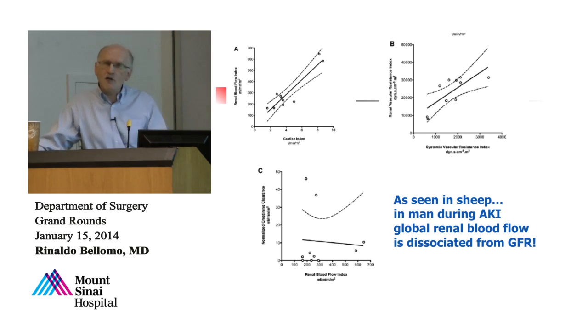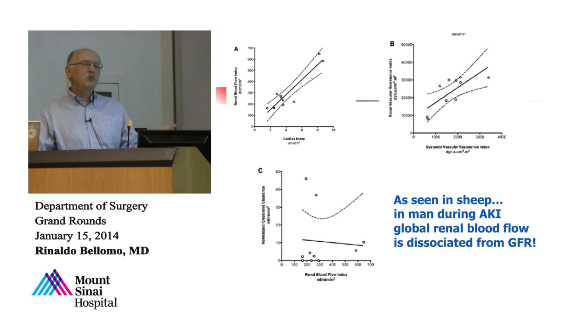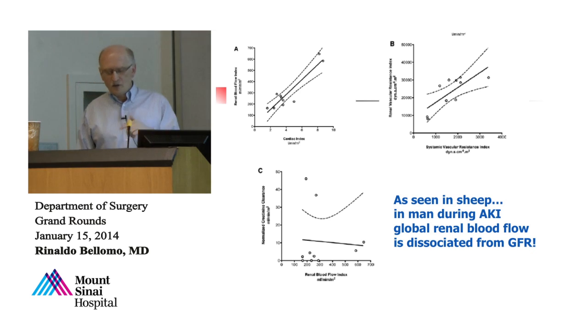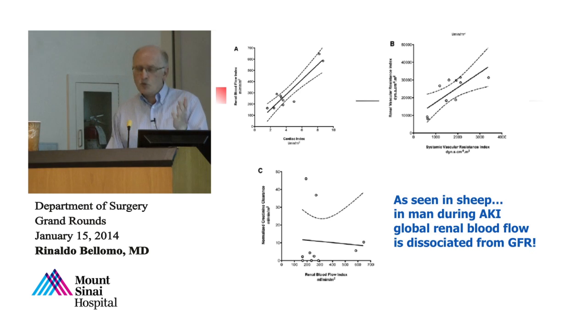And this is a recurrent observation, that renal blood flow does not predict in these studies what the function of the kidney is. And the dissociation from flow and function is what we often call shunt.